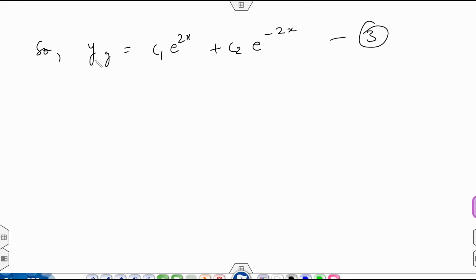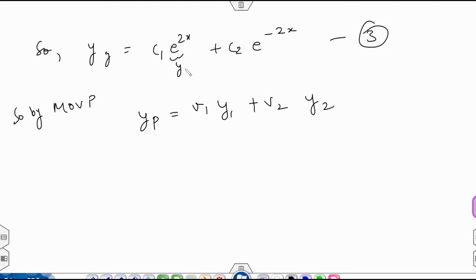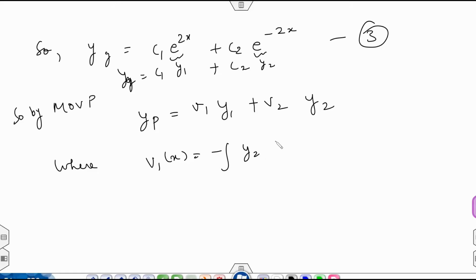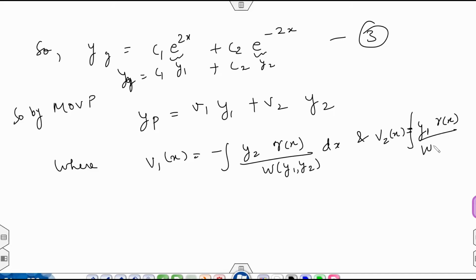Now you know that when we use the method of variation of parameters, we write yp as v1 y1 plus v2 y2, and here I will call this y1 and this y2. Again, v1(x) is equal to minus the integral of y2 into r(x) divided by the Wronskian of y1 y2 dx, and v2(x) is equal to the integration of y1 r(x) divided by the Wronskian of y1 y2 dx.